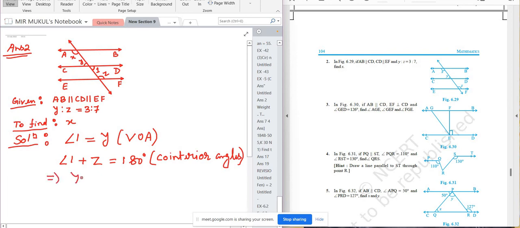It means y plus z equals 180 degrees. This is equation 1. Keep it.